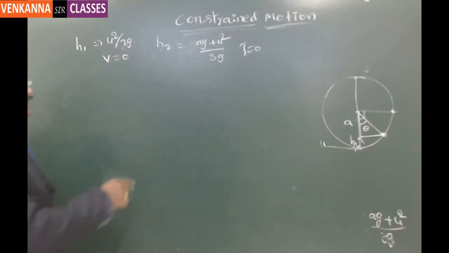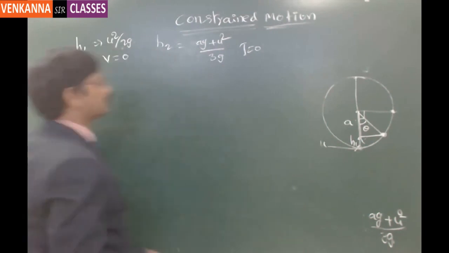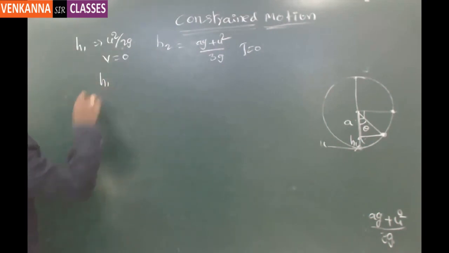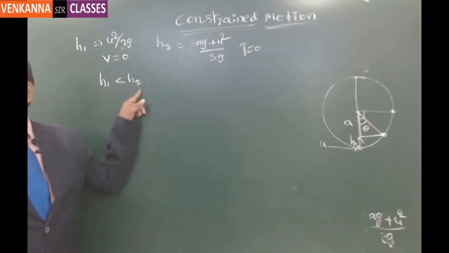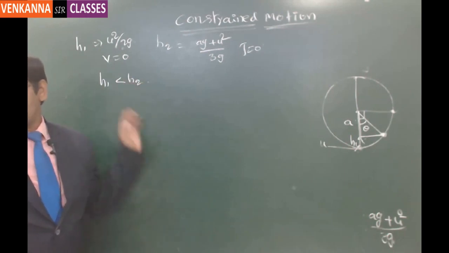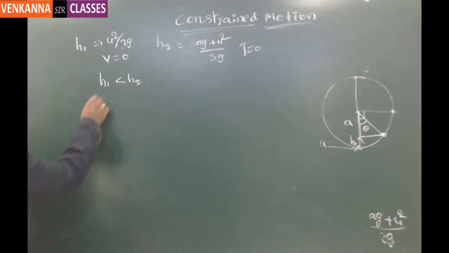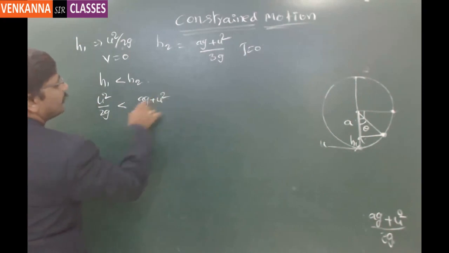Now, let us say the velocity becomes 0 before the tension becomes 0. That means H1 is lesser than H2. So, first velocity became 0 before the tension becomes 0. Now, we will try to identify what is the angle for this particular case. In such cases, u square by 2g is less than ag plus u square by 3g.